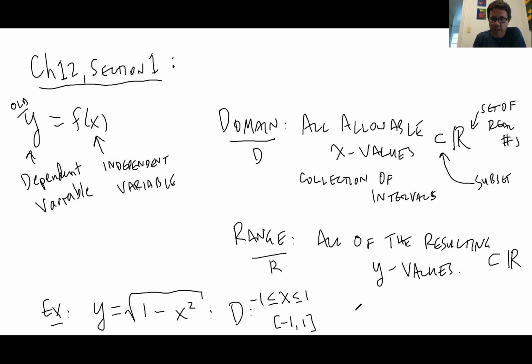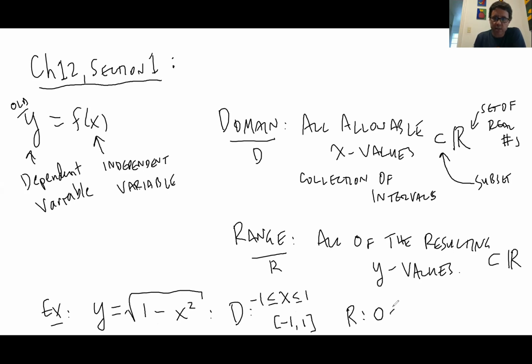That's called the domain. The range of this is, well, what y values can you possibly get out? This is a little more difficult to know exactly. But you start plugging things in and realize you can get 0. If you plugged in 1 for x, you would get 0. But you can't get any negative numbers because the square root means the positive square root.